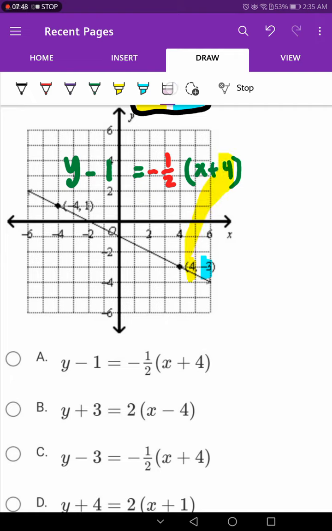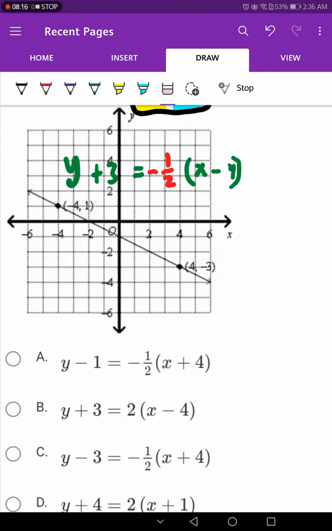It will be negative 4, not plus 4, because here it's 4, my dear student. And the negative 3 here will be plus 3 here. This is just in case you don't find the first equation you write.